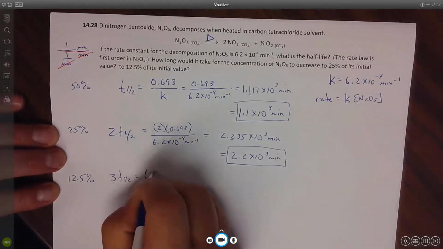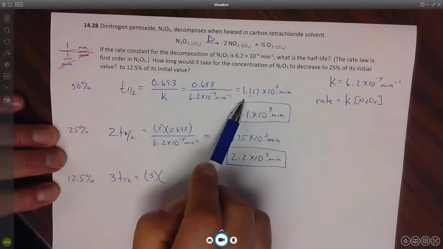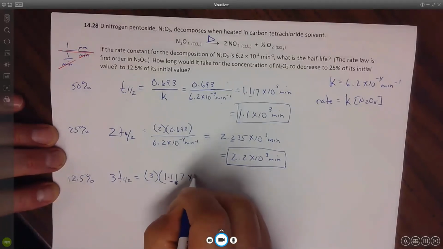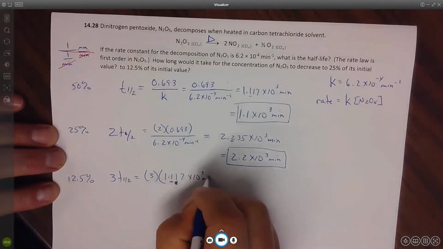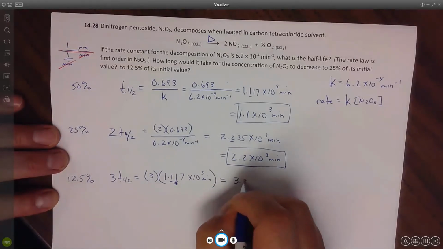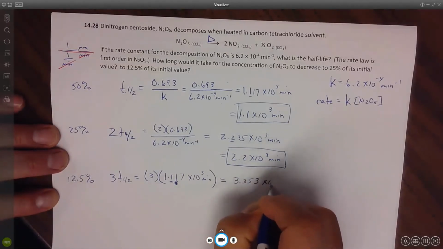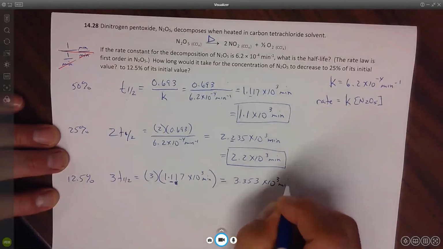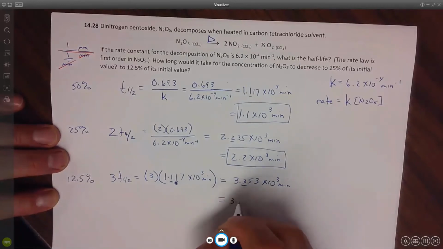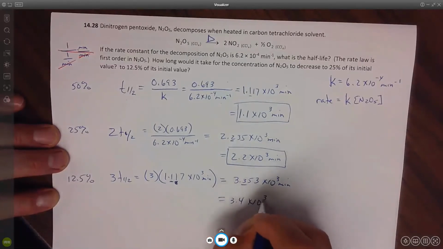So now we determined the half-life was 1.117, with 2 sig figs, times 10 to the third. And so that's just going to equal 3.353 times 10 to the third minutes. Again, just 2 sig figs, so that would be equal to 3.4 times 10 to the 3 minutes.